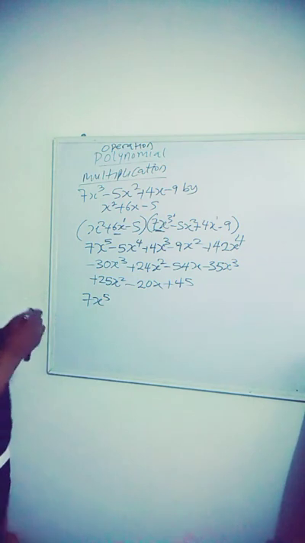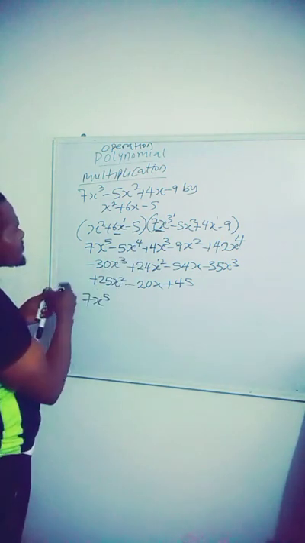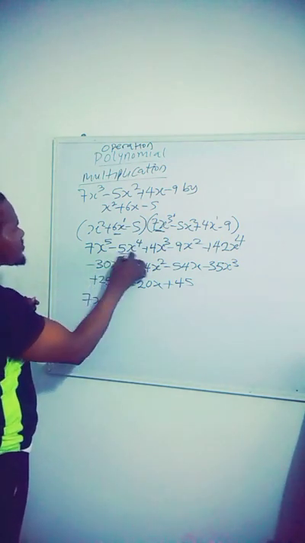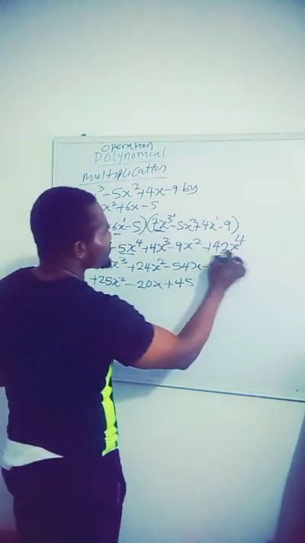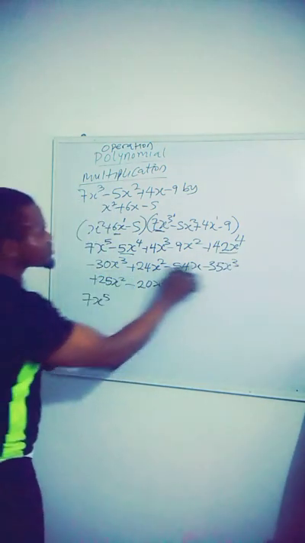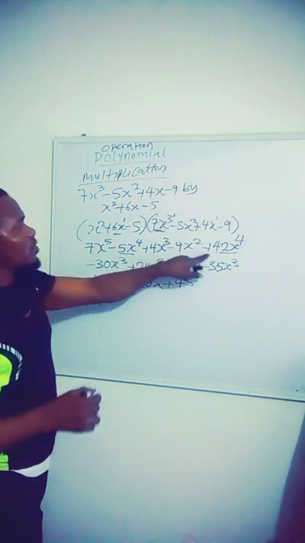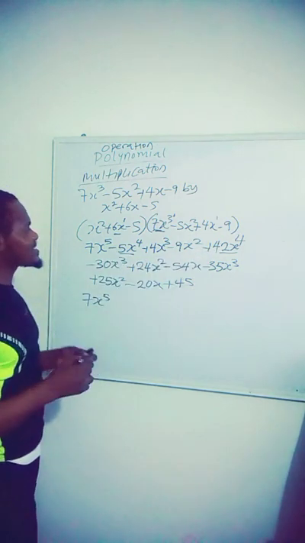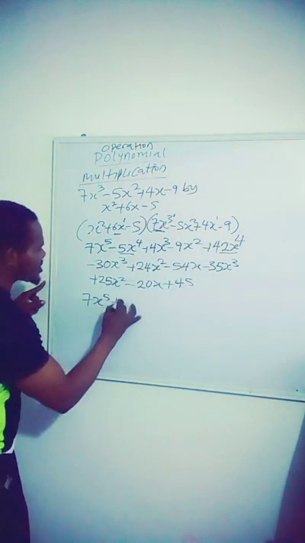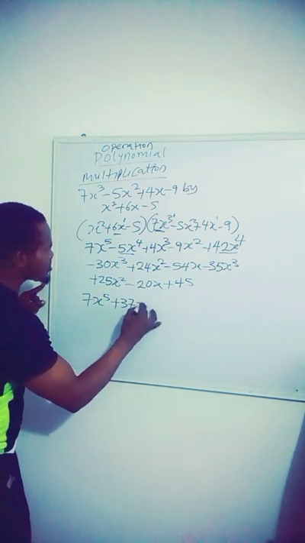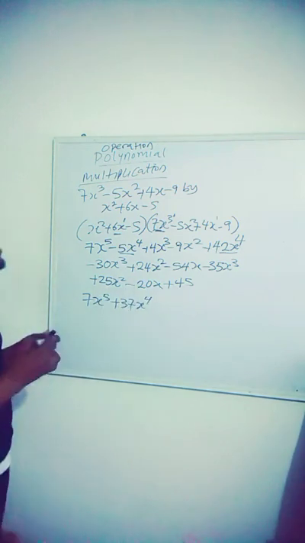You get it? Then we have raised to power 4 here. There is no other raised to power 4 here, which means minus 5 plus 42. That is plus 37x raised to power 4. Are you getting it now?